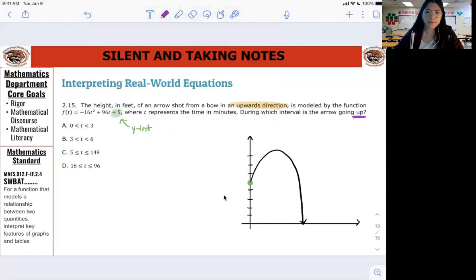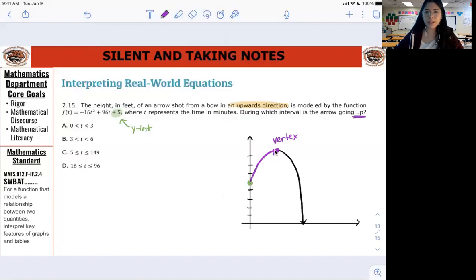No, wait. I don't want numbers, just tell me from which two points of the graph would the arrow go up? Oh, okay. Well, it starts at 5. Mm-hmm. It has to go up to the AOS, to the vertex or the AOS, right? So this is my vertex. So this part of the graph, from here to here.